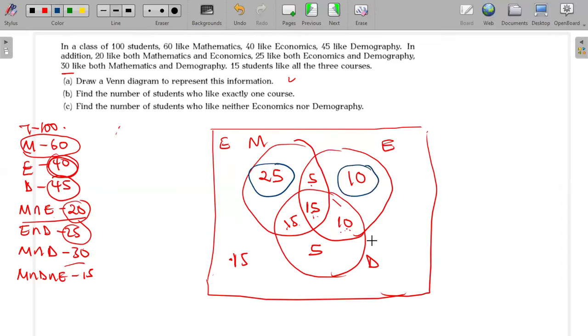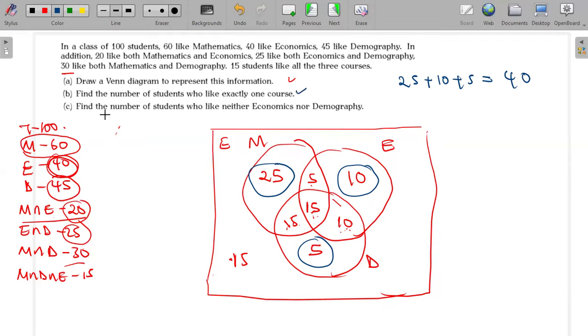Those 10 like economics only. Those 5 like demography only. To find the number of students who like exactly one course, I'm just going to add 25 plus the 10 plus the 5, which gives me 40. So these are students who like exactly one course.